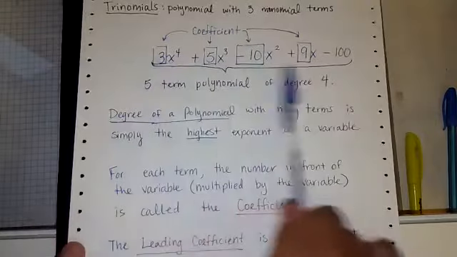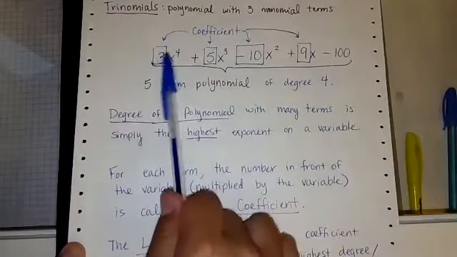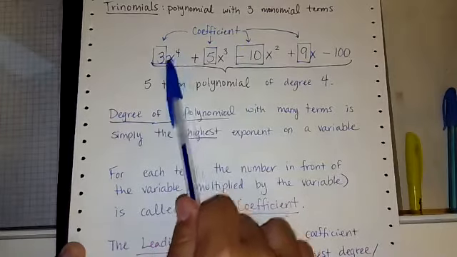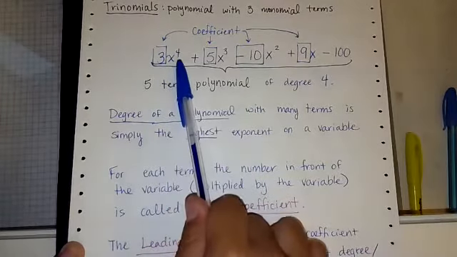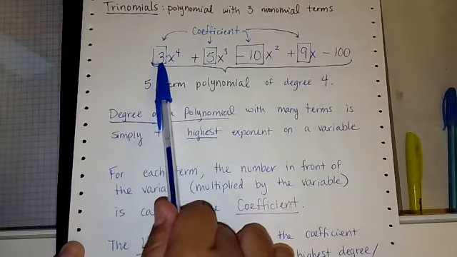So for this polynomial here that we were looking at, the highest exponent, we would call this x to the 4th the leading term, and the leading coefficient is going to be 3.